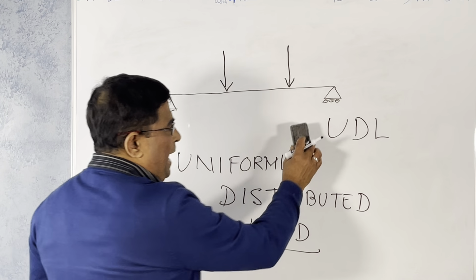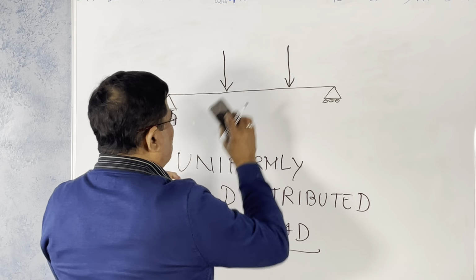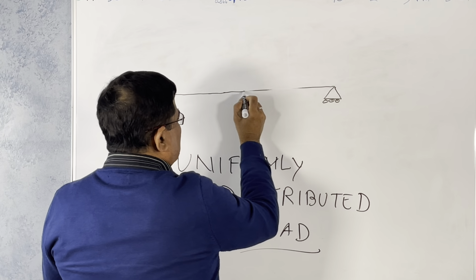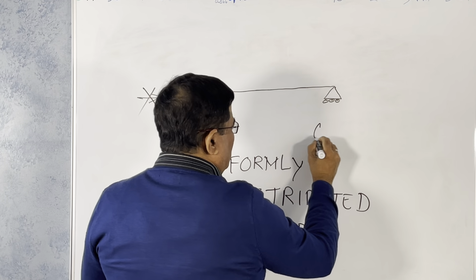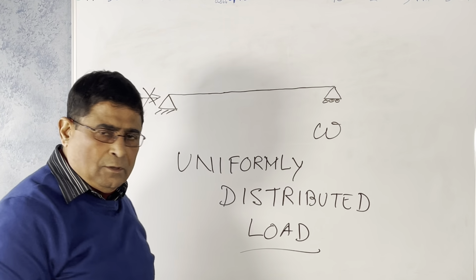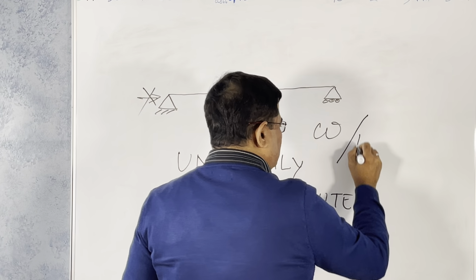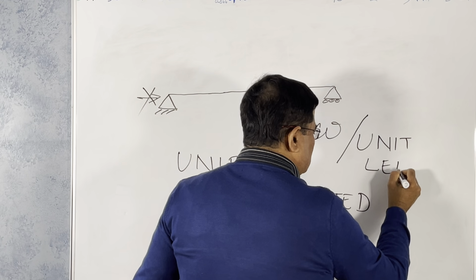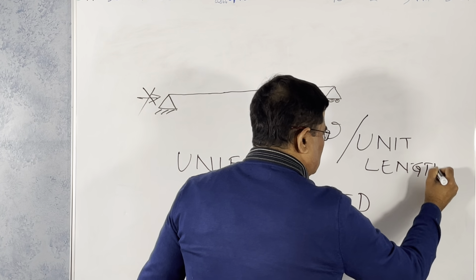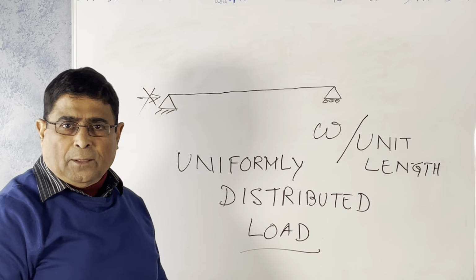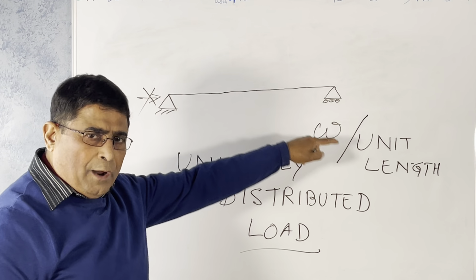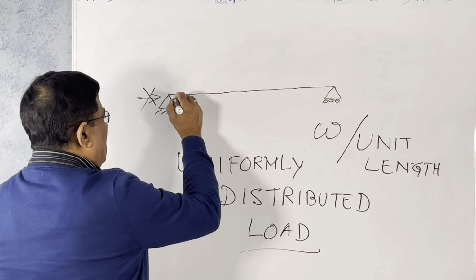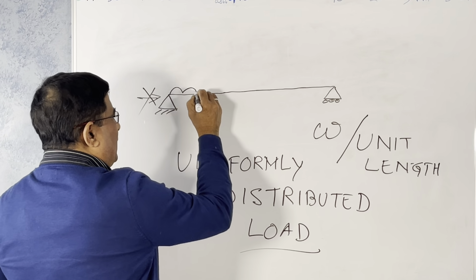It is expressed as W, a value per unit length. What is W? W is the load per unit length. It is shown like something like a cloud.